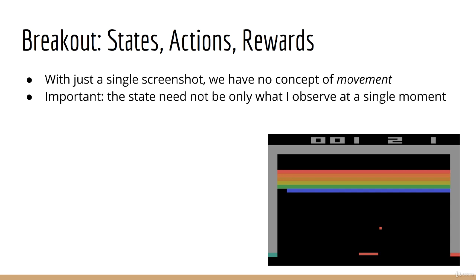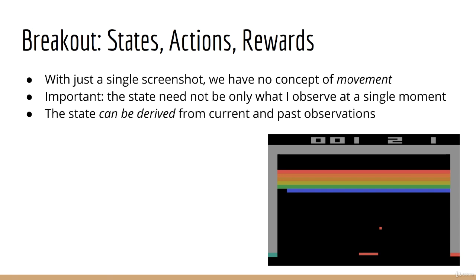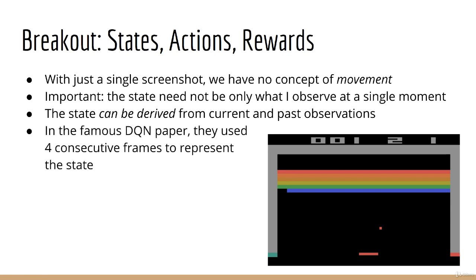The state need not be what I observe in the environment. It can also be information derived from both current and past observations. So one way of dealing with the problem of frozen pictures is to simply include past frames as well. In the famous DQN paper, they use the most recent 4 consecutive frames of the game to represent a single state.